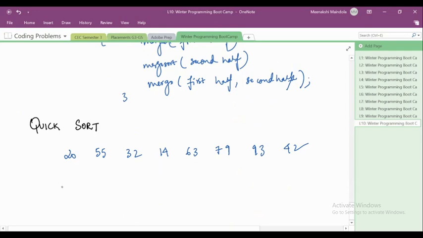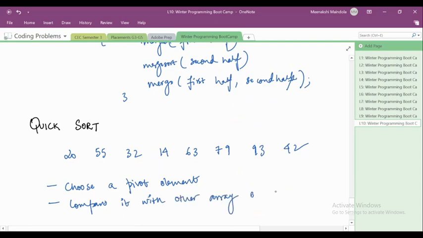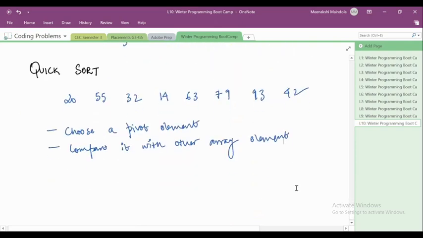Now the next thing is that you are going to compare each element with the pivot element. So this is the approach that you follow. Let me write down the algorithm as well. Choose a pivot element, compare it with other array elements, and based on the comparison you will have to perform certain operations.